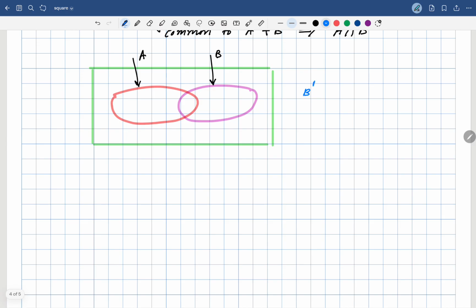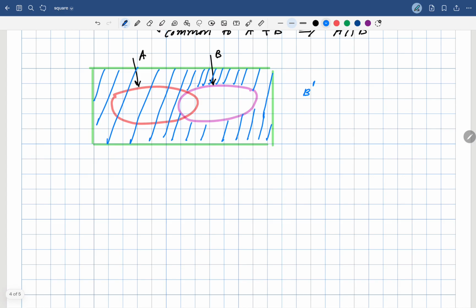B prime means not B. So B prime is everything like this, not B, everything outside B. Now I'm going to color A. Now you can see this part, the black part which I am showing you.